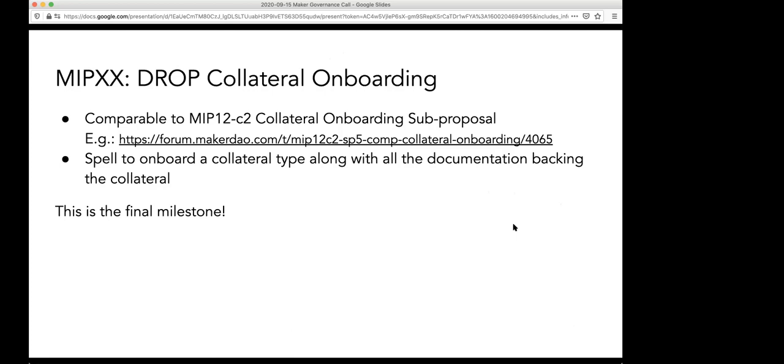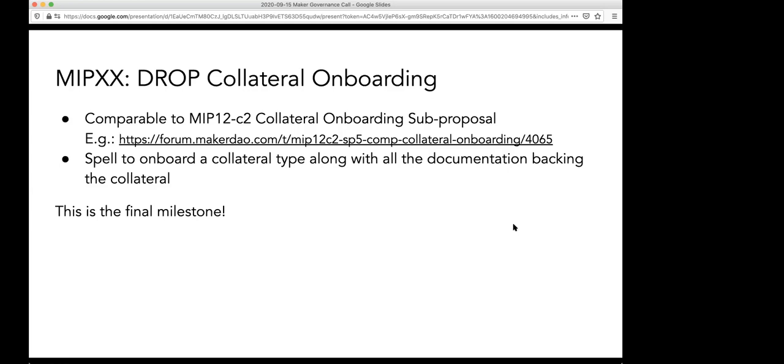So it's the final executive vote that the DAO will decide on to onboard a specific collateral type. It's the spell that will onboard this collateral if enough MKR voters vote on it. The work that has to be done in governance to go through this is doing the risk model, doing the audit of the smart contracts, and setting up this spell and publishing it.